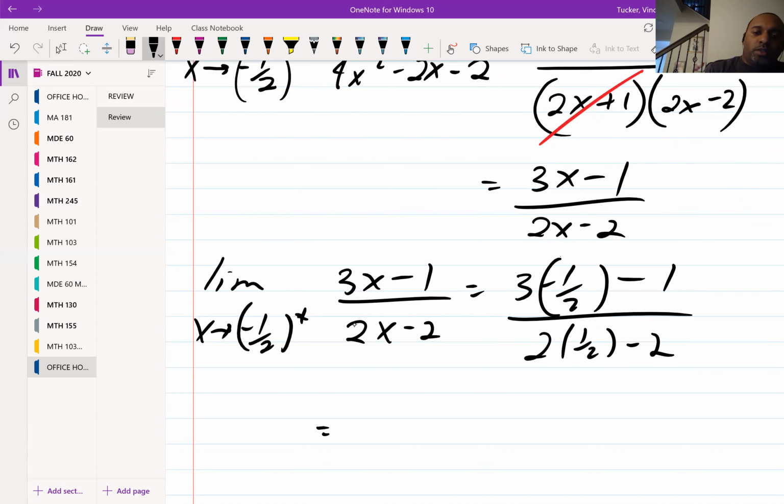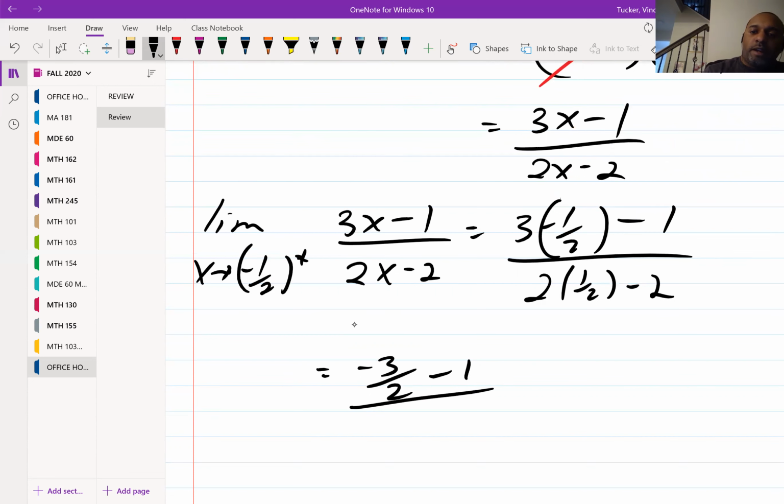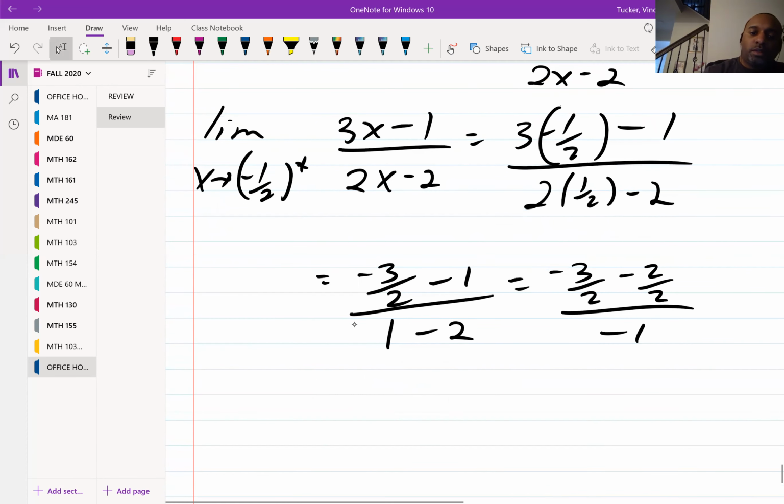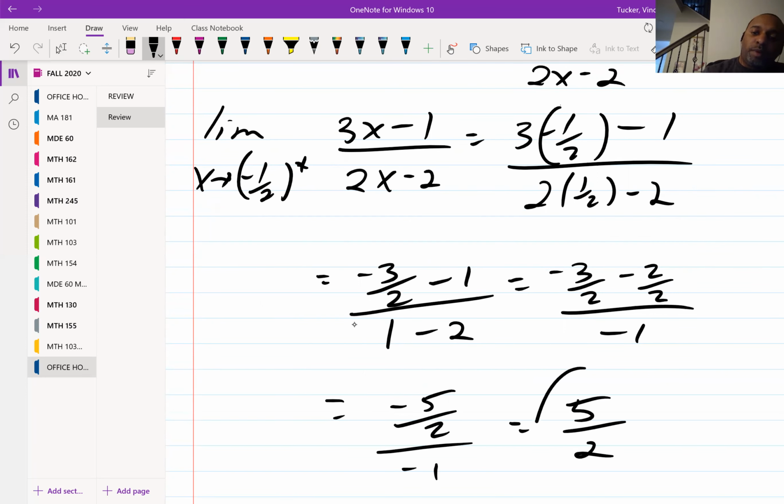So that's -3/2 minus 1. 2 times -1/2 is -1, minus 2. -3/2 minus 1, that's going to be -5 over 2 over -1. So that should be +5 over 2.